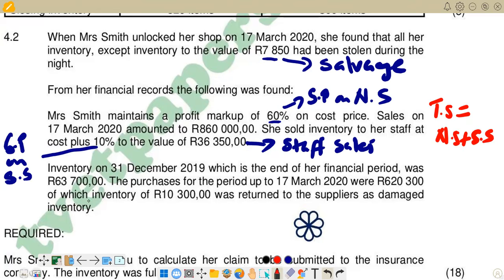The last paragraph reads: inventory 31 December 2019, which is the end of a financial period, was 63,700. So we see that the date you are given here is the end of financial year. The end of financial year is 31 December, correct? But we are in 2020.